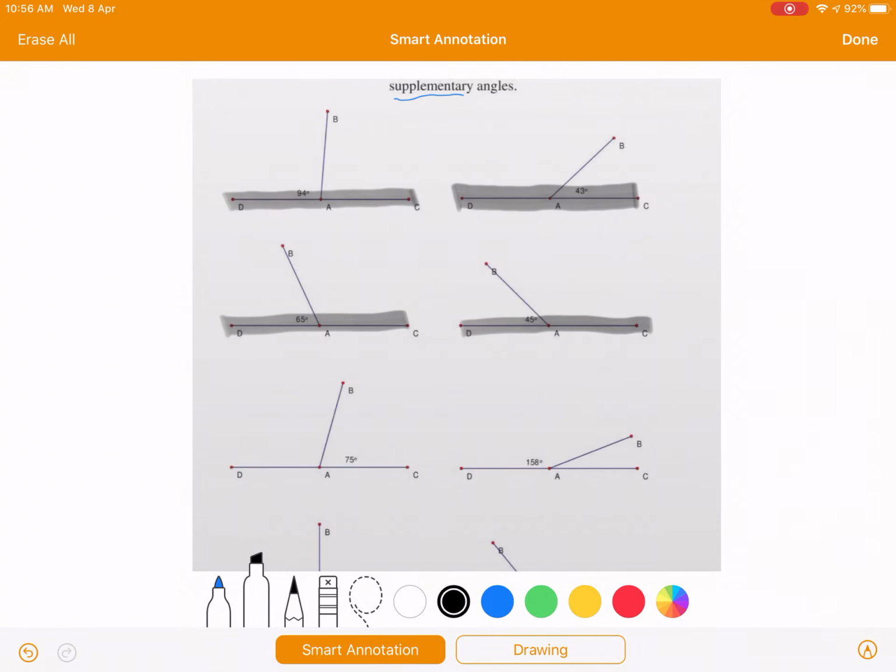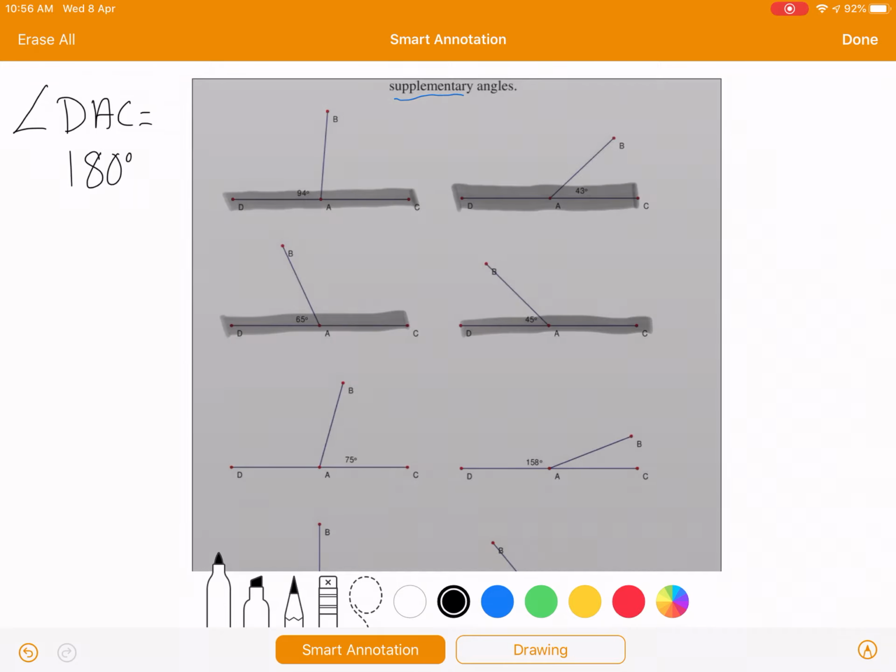So that being said, we know that angle DAC is equal to what degrees, what measure, and what kind of angle is DAC? Yeah, so if you said that DAC measures 180 degrees, you're exactly correct.